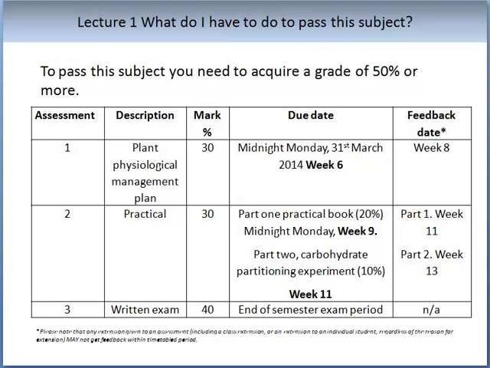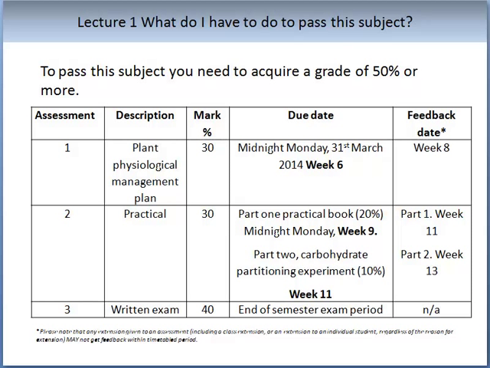The second method of assessment is the practical assessments, and this is worth a total of 30%. The practical assessments will be separated into 2 sections. Part 1, you will hand in a practical book. This practical book will be associated with your practical workshop, which will be conducted on the 13th and the 14th of April.